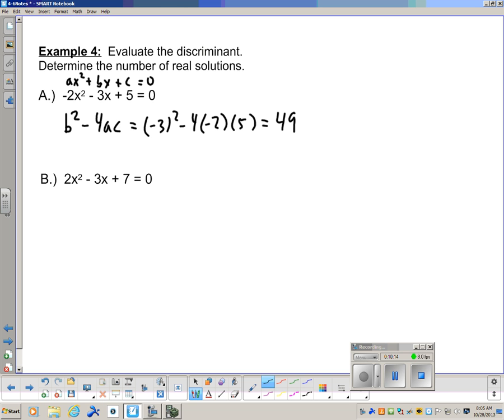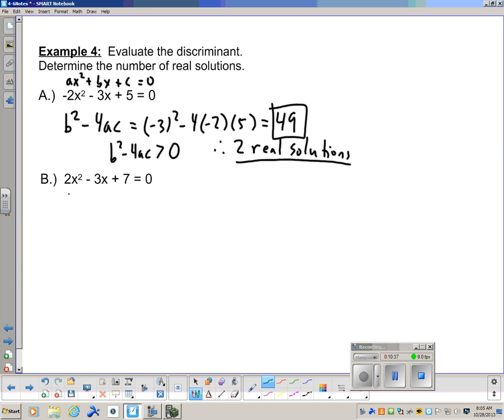So since 49 is greater than 0, since b squared minus 4ac is greater than 0, therefore we have two real solutions. So two real solutions, and the value is 49.